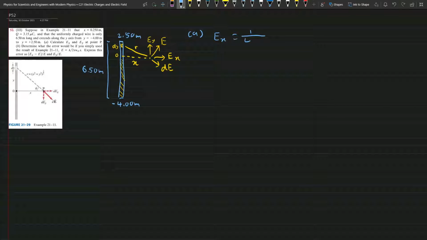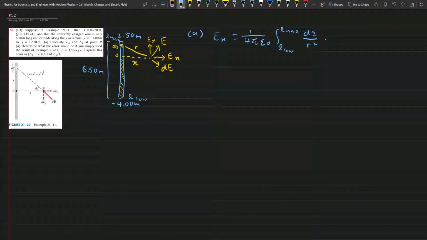Which is 1 over 4 pi epsilon, and let's say this part is L low, and this part here is given by L max, and so the range of integration is given by L low and L max, and we have dq over r square and cos theta.